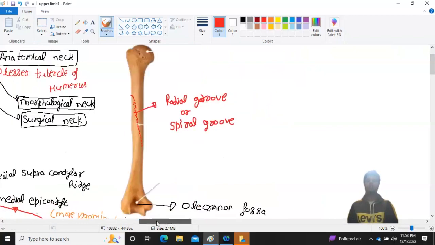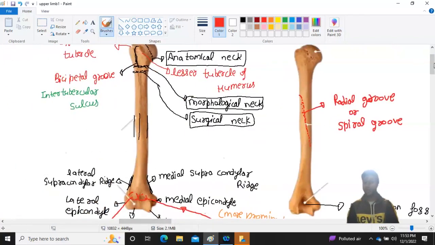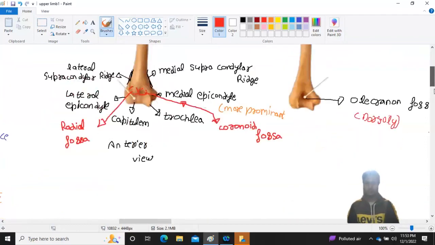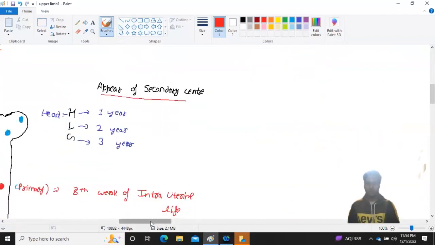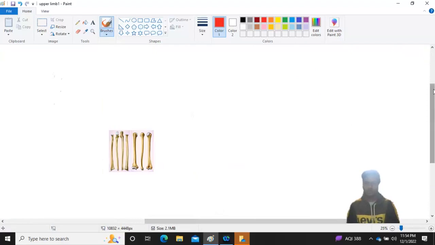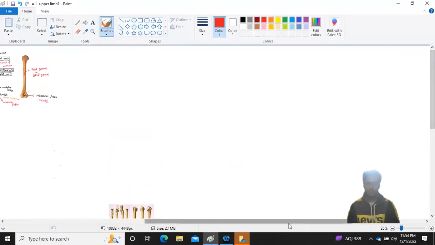Now we start. पहले we start from the radius, radius से start कर लेते हैं पहले चलिए. First we start from the radius bone. यहाँ से start करते हैं चलिए.